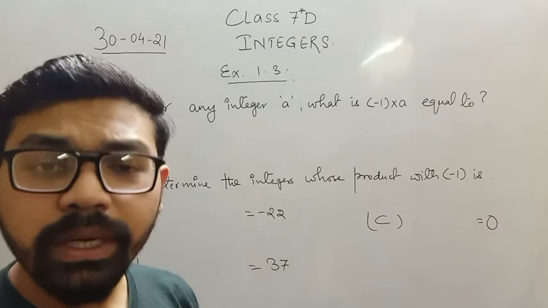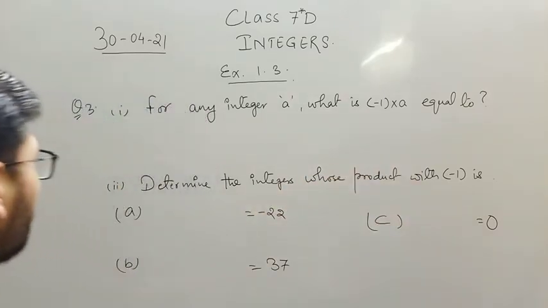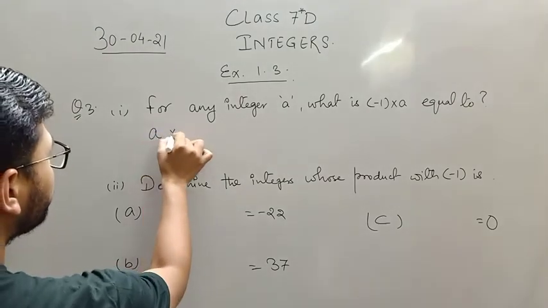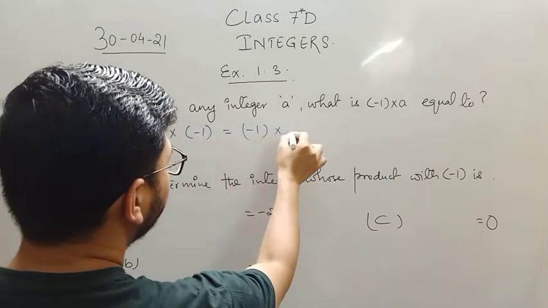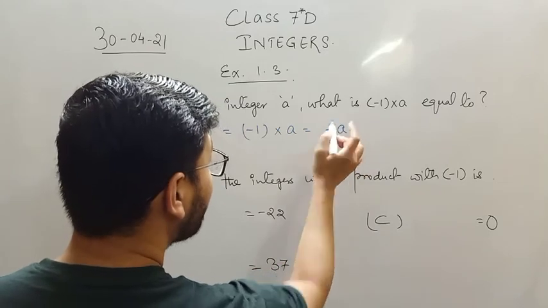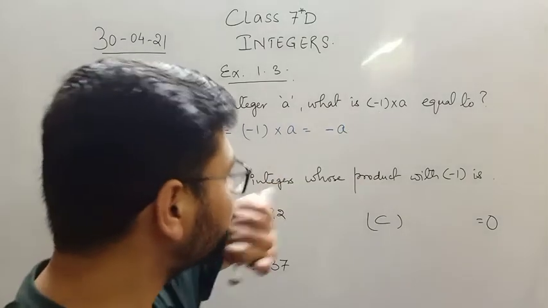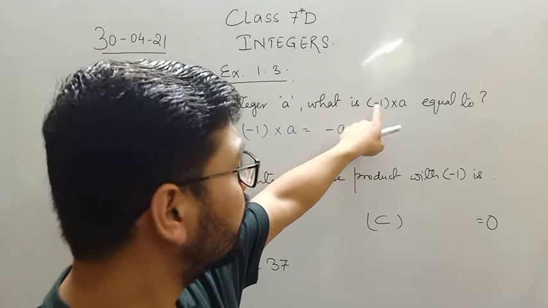So this is a multiplicative property, multiplicative identity, where, as I have already told you, if you multiply any integer with minus 1, or minus 1 is multiplied by any integer, the answer comes out to be minus a. So sorry, calling this multiplicative identity is not right, or you can say 1 into minus a.